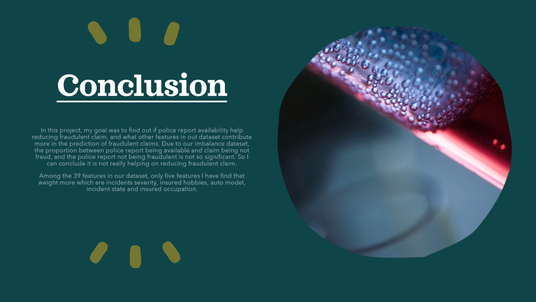In conclusion, in this project my goal was to find out if the police report availability helps reduce fraudulent claims, and what other features in our dataset contribute more to the production of fraudulent claims. Due to our imbalanced dataset, the proportion between the police report being available and the claim not being fraud is not so significant, so I can conclude it is not really helping in reducing fraudulent claims.